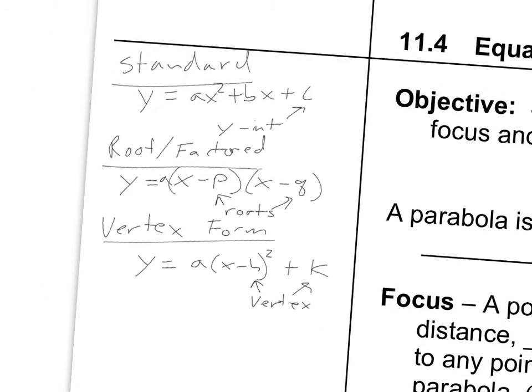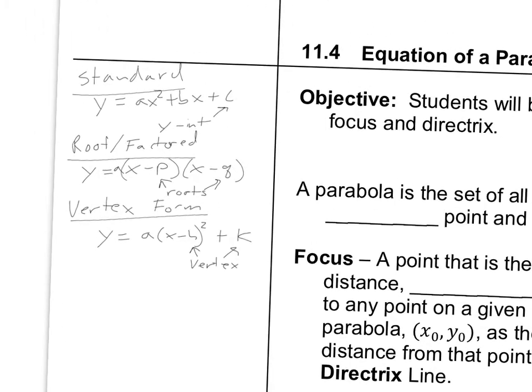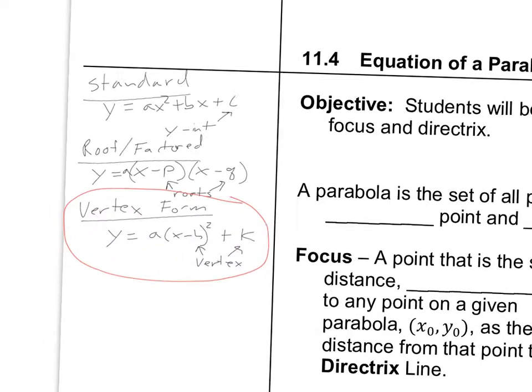Okay, so the reason why I'm recapping all of those today is because we're going to end up with this form today. Vertex form. It's just going to look a little bit funky because now we're going to start off with different information. Here we start off with the vertex and we could write the equation pretty easily. Or here we start off with the zeros, or here maybe we just start off with the equation and we get the y-intercept, or we start with a factored form and we multiply together and we get standard form.